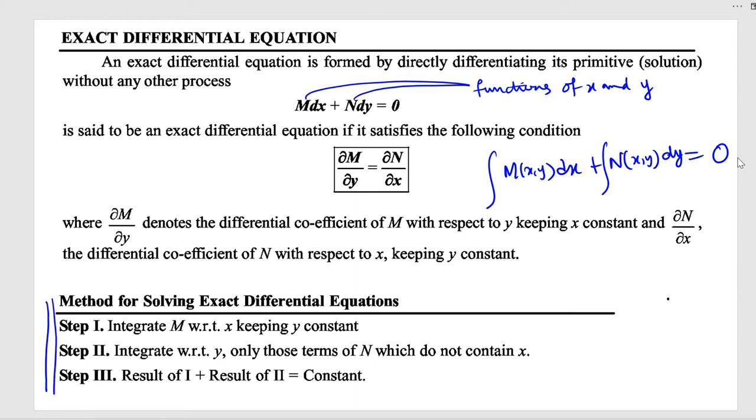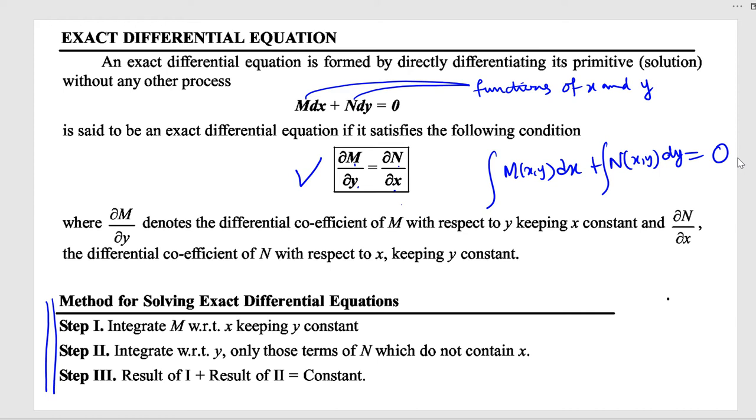They will be called exact if they satisfy this relation: take the partial derivative of M with respect to y and the partial derivative of N with respect to x. If both of them are equal, then we call it an exact differential equation.